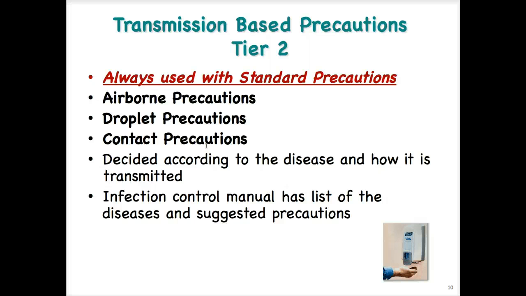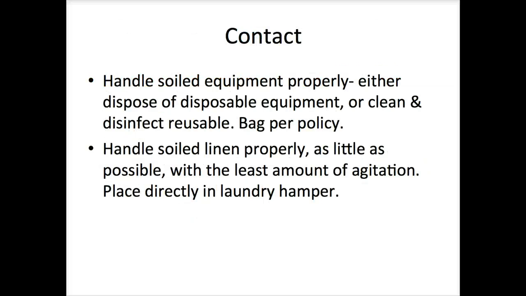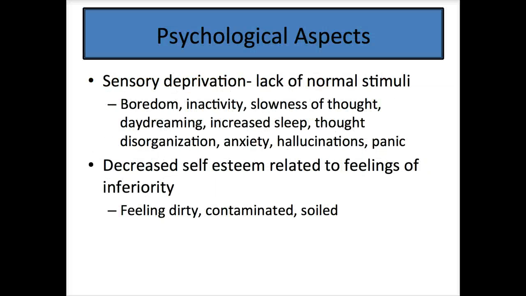This is very testable. These are concepts you're going to see very often in your career and in your practice. So it's important to know these layers, and to understand the psychological effect of being in isolation that can result for your patient, and that you need to address it.